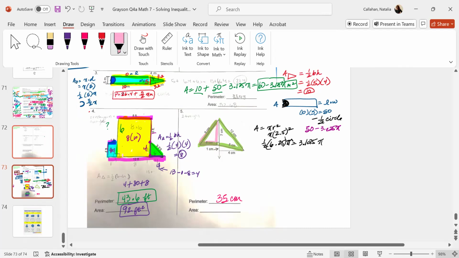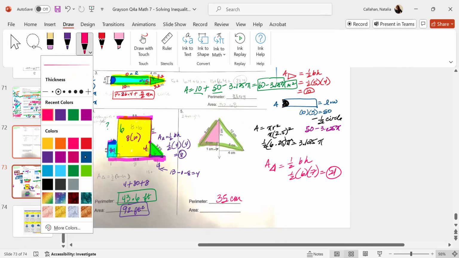You have this pink triangle. What's the area of that triangle right there in pink? What's the base? What's the height of that pink triangle?